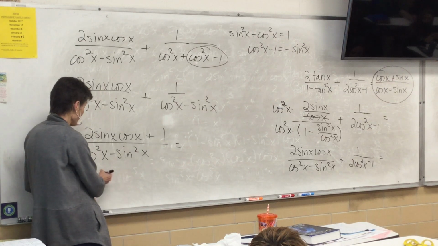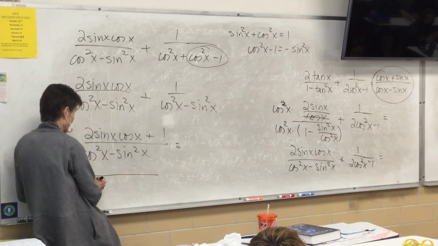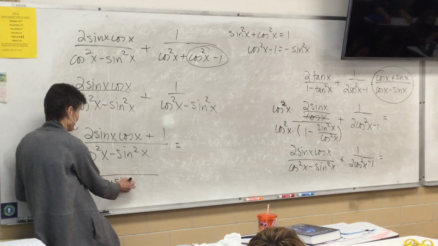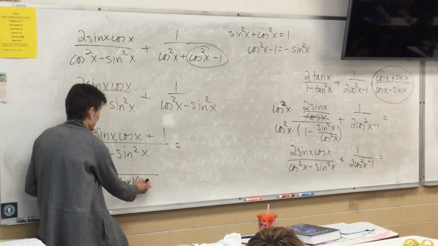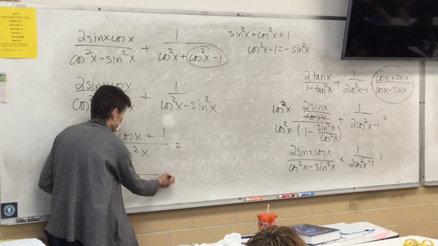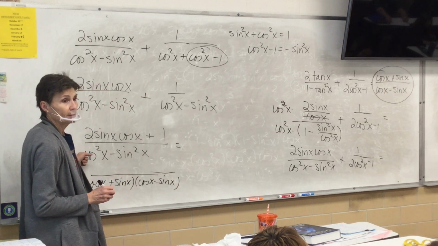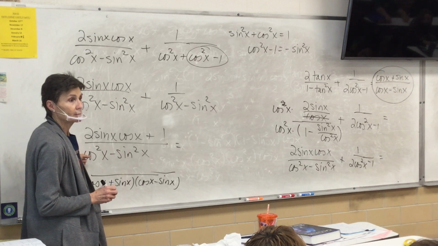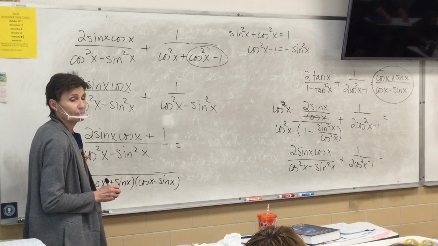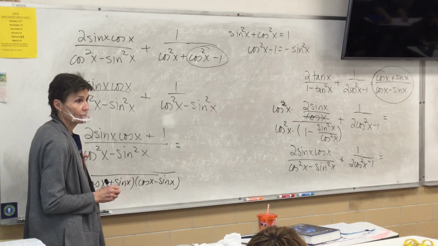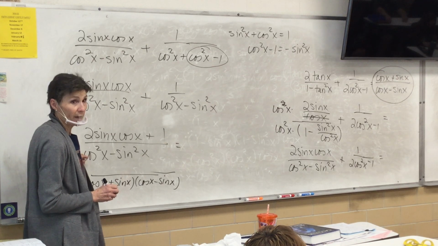How does the denominator factor? Cosine plus sine and cosine minus sine? Why does the denominator factor that way? What do we have here? Difference of squares. The difference of squares on the bottom.